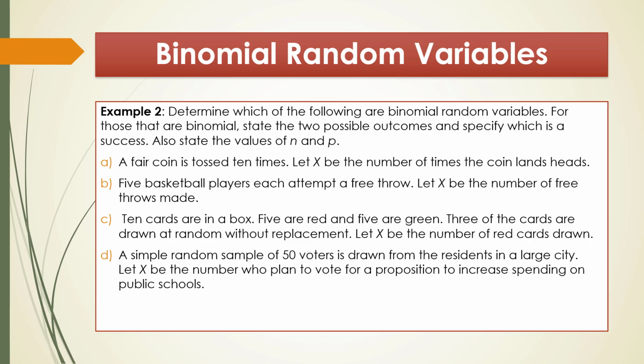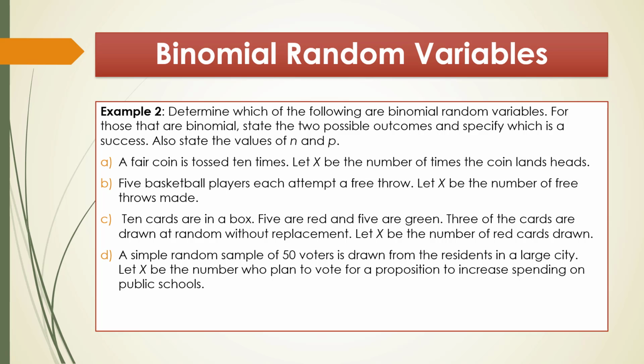So let's consider one by one. Look at situation A. A fake coin is tossed 10 times, so the number of trials is 10, which is a fixed number. There are 2 possible outcomes, either heads or tails, when you toss a fake coin. And when you toss a fake coin 10 times, the outcome of the first toss does not affect the second toss.